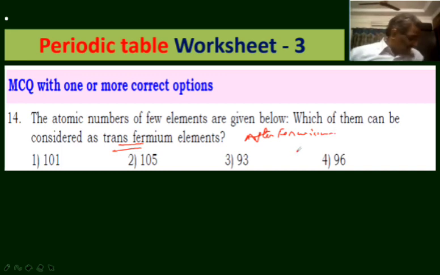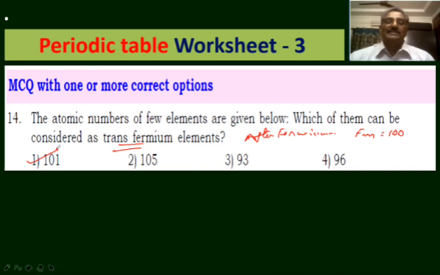The atomic number of fermium, Fm, is 100. So elements with atomic numbers 101 onwards are called transfermium elements.